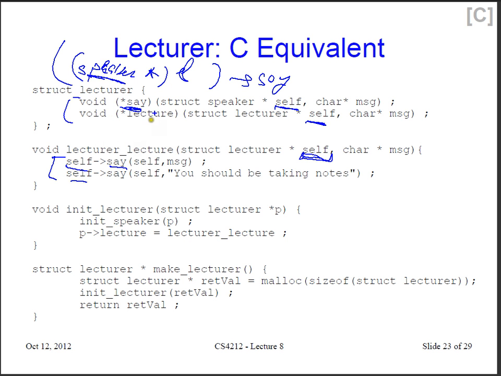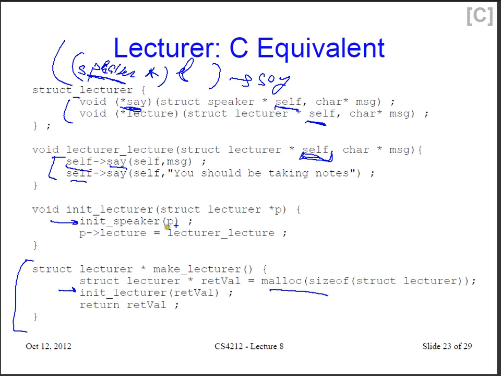Now, how are we going to initialize this? Well, we're going to invoke the constructor for the superclass. So this is going to be the maker, the constructor of our class. We perform the allocation, and we call the init lecturer as we did before. But notice that inside the init lecturer, there's another call that initializes the speaker part of the lecture, right?